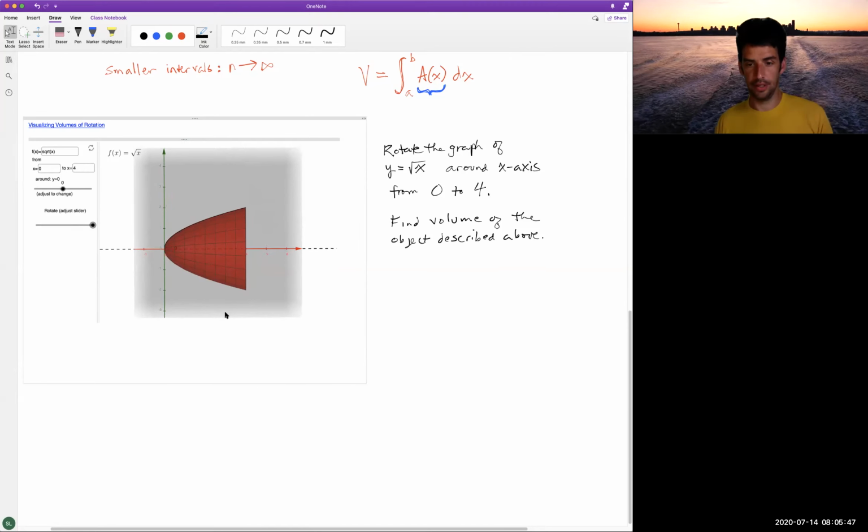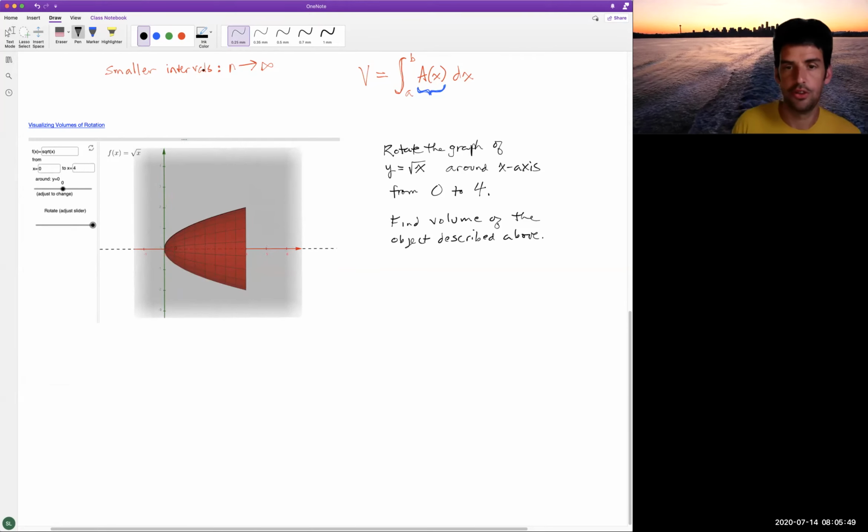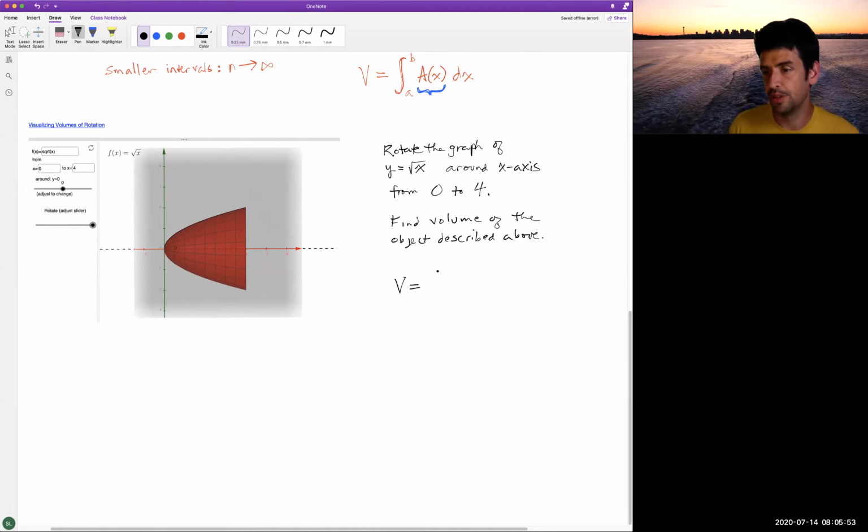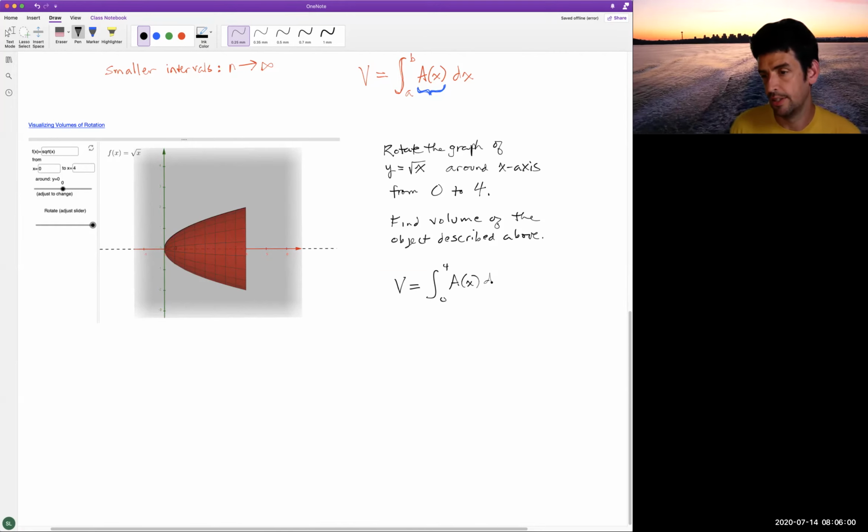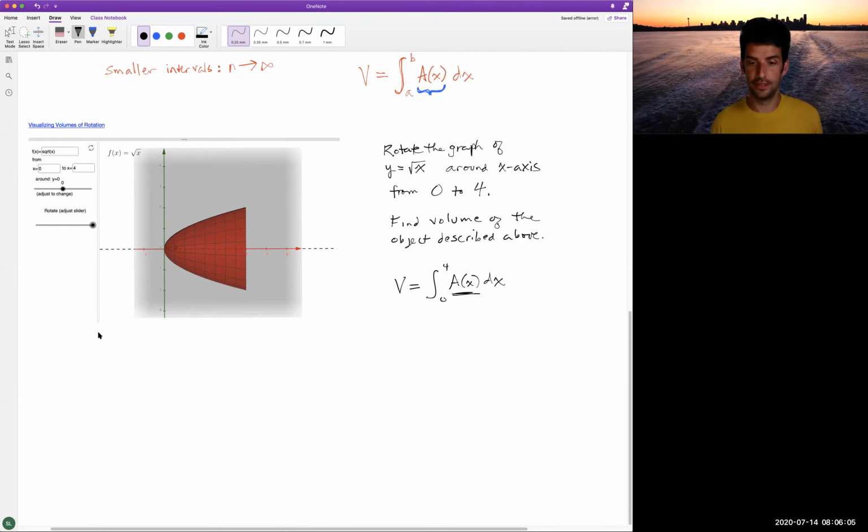Now, let me write our formula down. The volume is going to be the integral from 0 to 4 of A(x) dx. And our job right now is to find A(x).